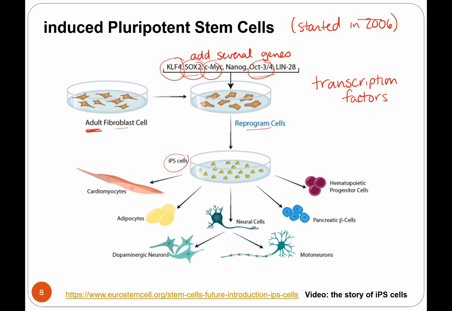The challenge that many researchers found is that sometimes when you reprogram these cells back, they actually become cancer, which in this case means they're dividing uncontrollably. So you don't want to put those kinds of cells back into a person. The other challenge is how you're going to deliver these genes efficiently to these cells.